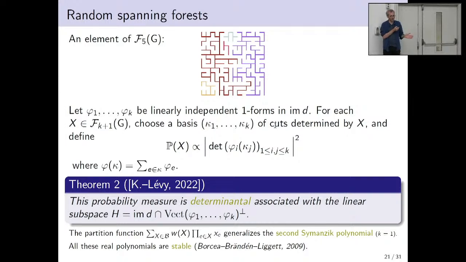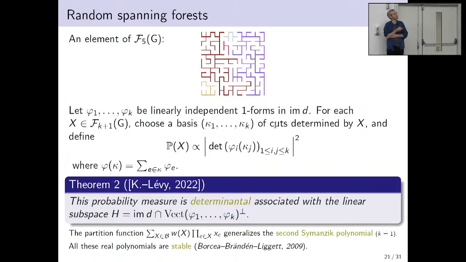So it's a collection of edges corresponding to the outgoing edges of that connected component. So you can compute, given a cut, the integration of that one form along this cut, which is basically just like the flow going out along that cut. Again, it defines for you a k by k matrix. I take the determinant, I take the square, I normalize, it gives me a probability measure on these spanning forests, and this is again a determinantal probability measure.